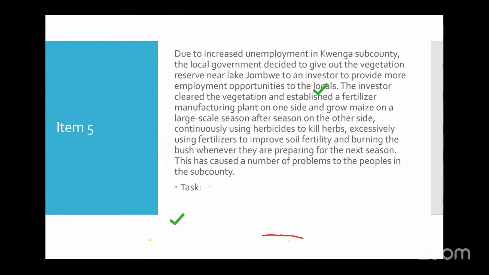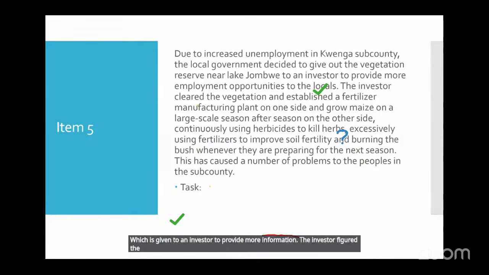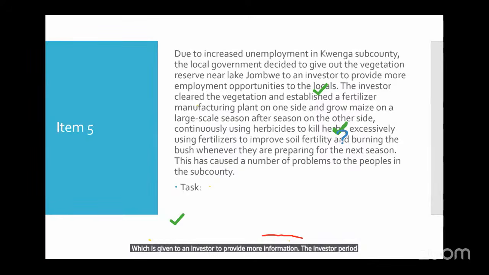Given a vegetation reserve, which is near, it is given to an investor to provide more employment opportunities. The local investor clears the vegetation and establishes a fertilizer manufacturing plant.